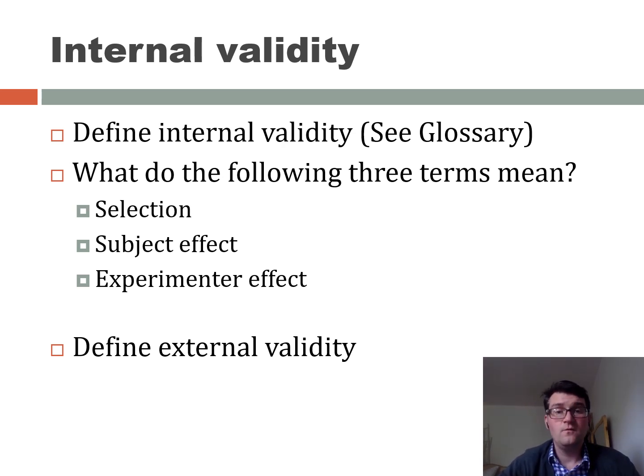Low internal validity means there are alternative explanations: sure, the dependent variable varied with the independent variable, but there were these other things going on. That's low internal validity. If we can rule out, or at least strongly rule out, alternative explanations, we have high internal validity.